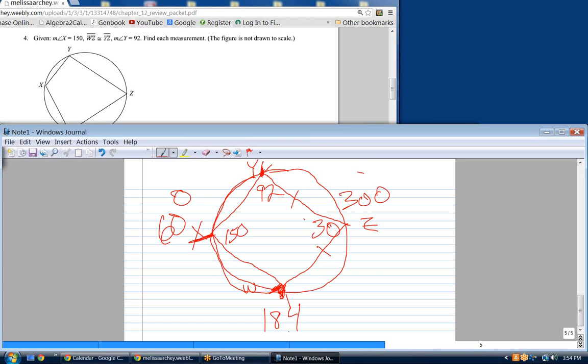Let's see. Hold on a second. Oh, we know this third angle now because it's a quadrilateral, so they have to add to 360. So this has got to be 88.